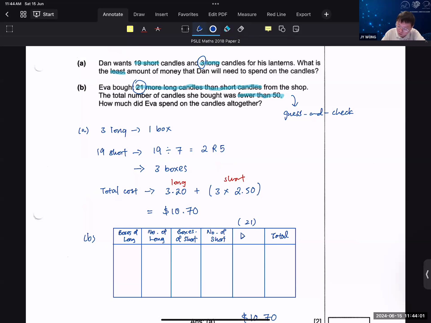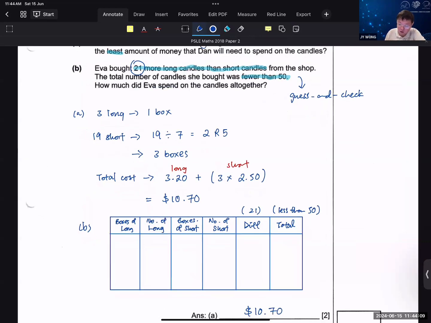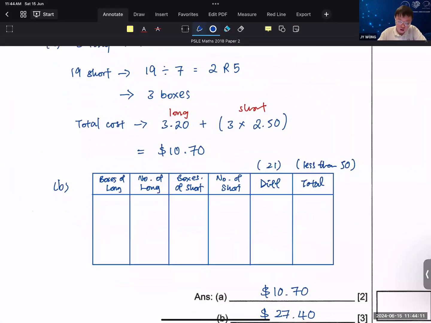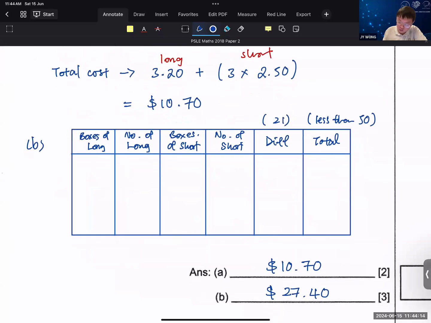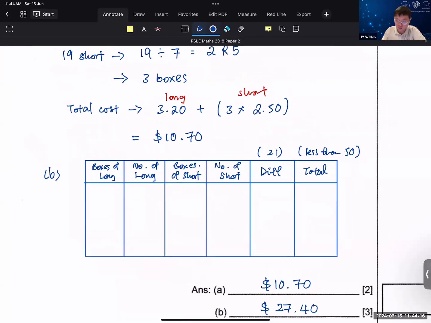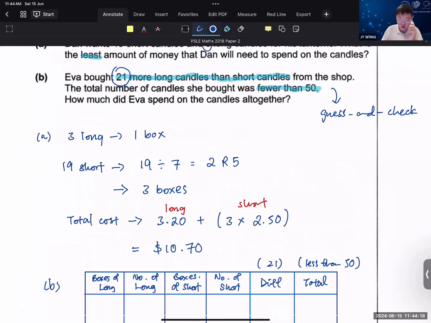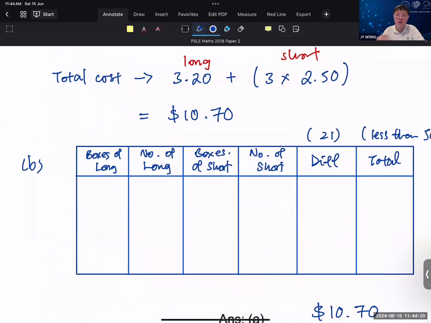Okay, so your total must be less than 50. Now, one box of long has 5, one box of short has 7. So obviously, you want your difference to be significant. It doesn't make sense to use very small numbers because you need your difference to be 21.